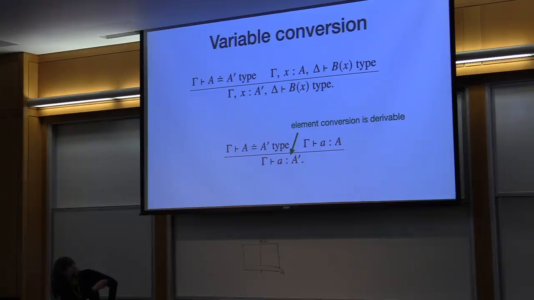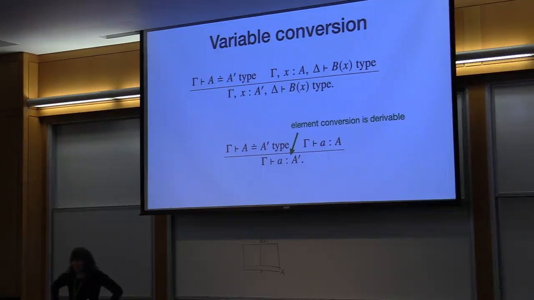So here we rewrote in the context, and here we rewrote the type of the judgment itself, okay? So judgmental equality in this way is kind of powerful, right? Because I can just swap the type and it's still okay, so that's powerful.